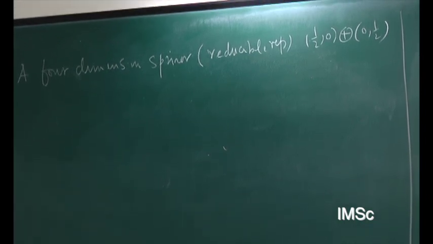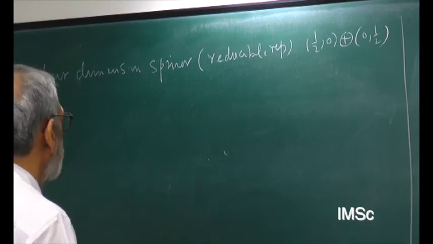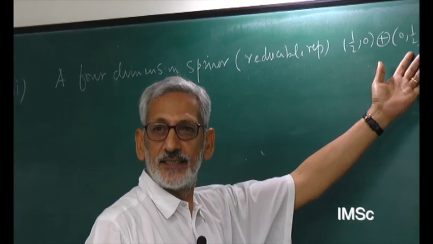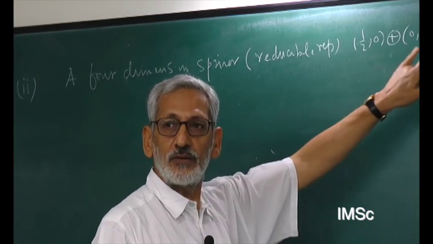A sum of representations is also a representation, but it's not irreducible, clearly, because I can write it in terms of two split representations. This one is two-dimensional, this one is two-dimensional, 2 plus 2 is 4.